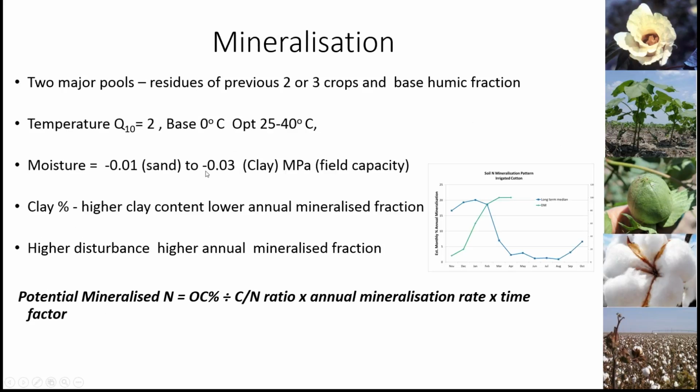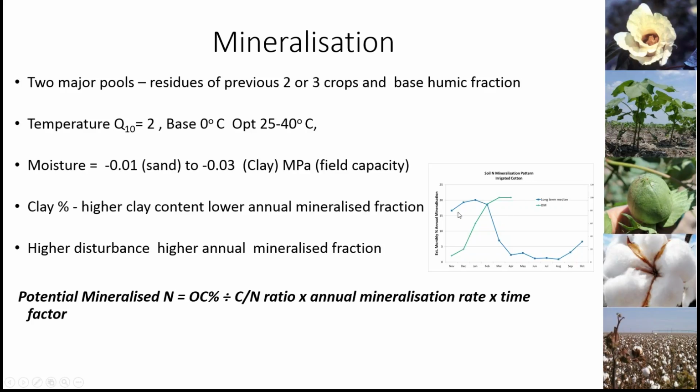Mineralisation is important, and in doing some balance studies, it would appear that previous crops, even cotton on cotton, must be supplying somewhere between 80 and 100 kilograms of nitrogen per season. And it's something that I suppose needs further study in the variability around that.